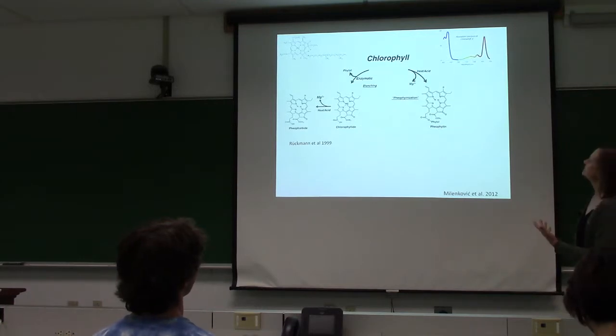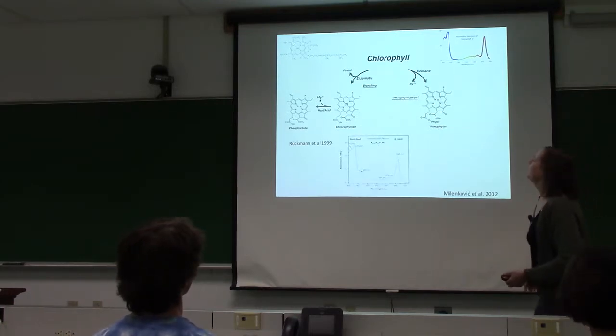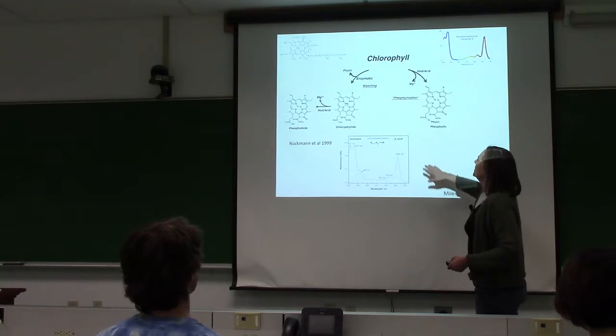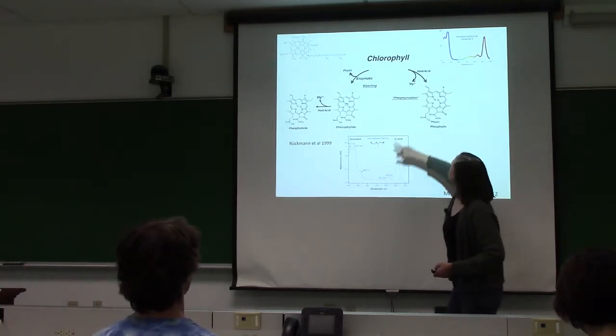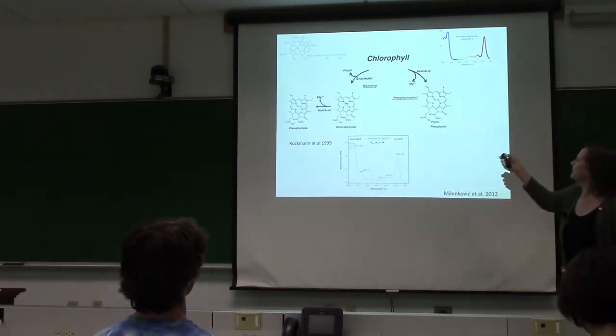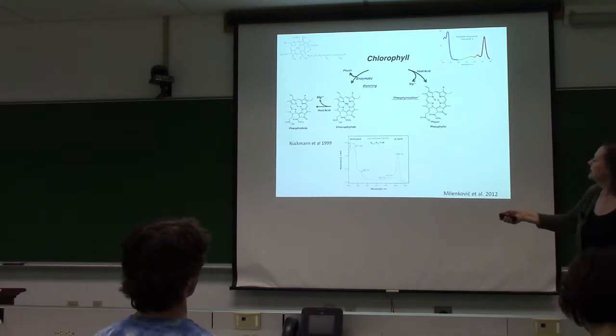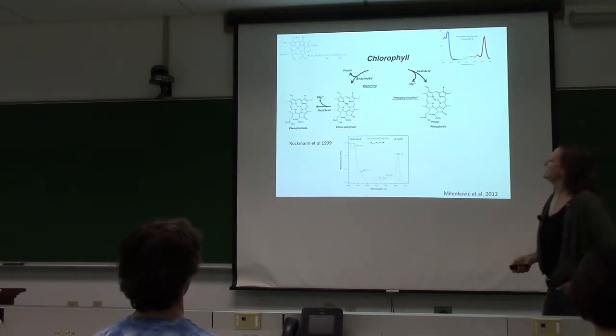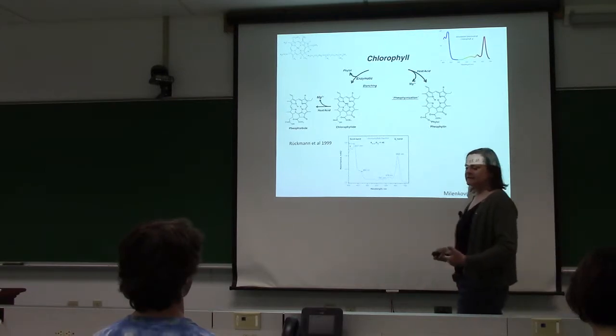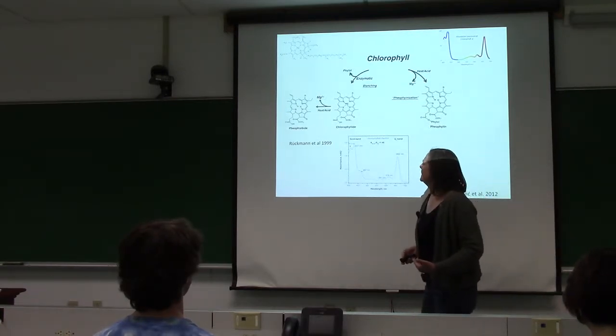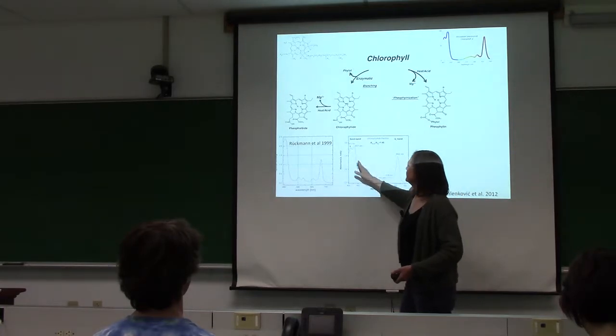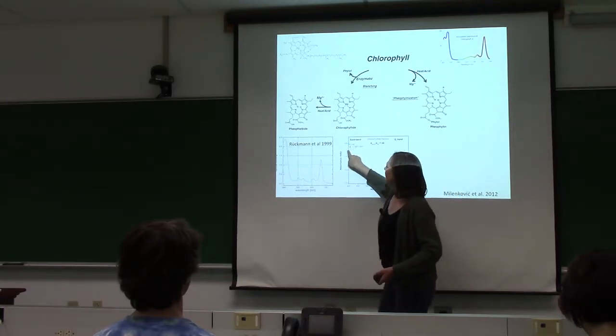Okay, so the interesting thing is that if you remove the phytol tail, it doesn't change the absorption properties too much. There's some changes down here. There's also this other absorption around 460 by removing the tail. So removing the tail doesn't change absorption that much. Removing the magnesium, you lose this peak, but not this one.